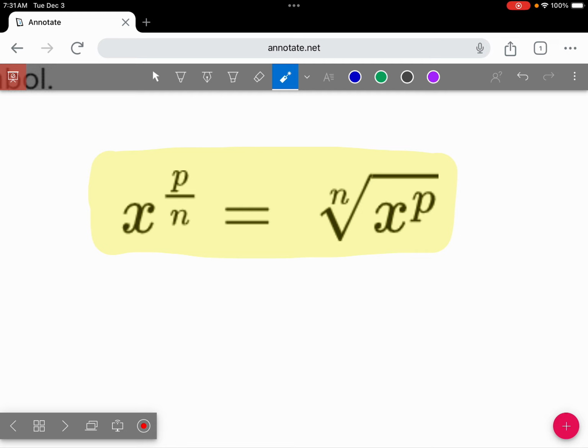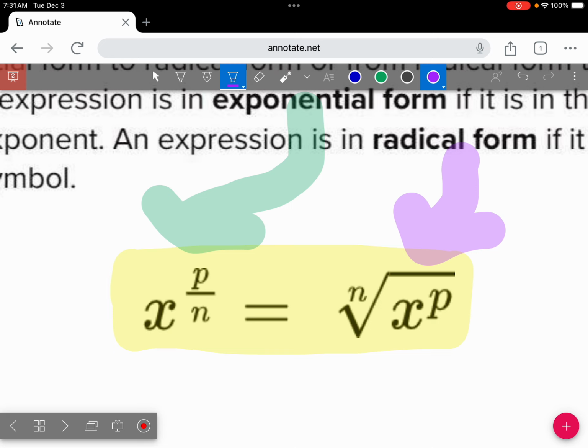So we've got our exponential form over here, and this is our radical form. We have a whole section on the homework about writing things in exponential form versus radical form. So make sure we're aware of which one is which. The exponential one has an exponent. Our radical form has the little house.